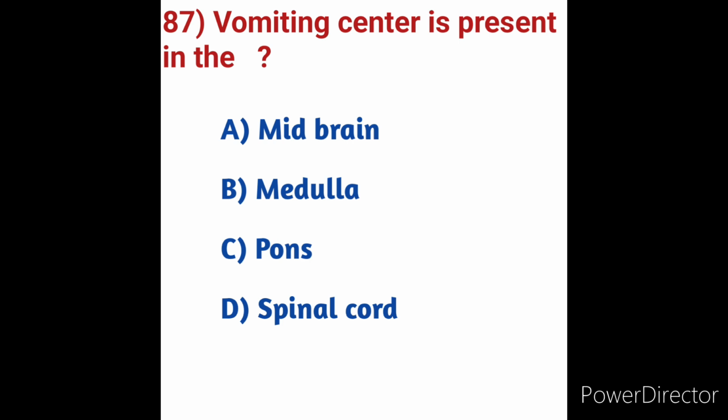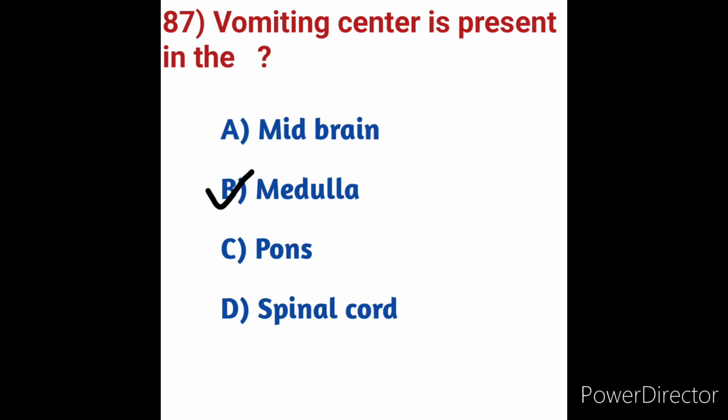The CTZ, which is located in the brainstem, controls vomiting. The medulla oblongata, or medulla, is a cone-shaped mass responsible for autonomic functions such as vomiting and sneezing. Not only vomiting, sneezing is also controlled by the medulla oblongata. So in these options, option B is the correct answer.